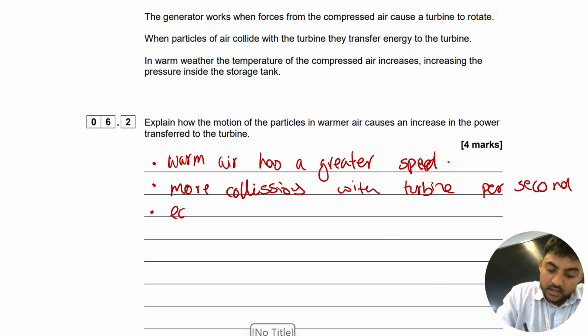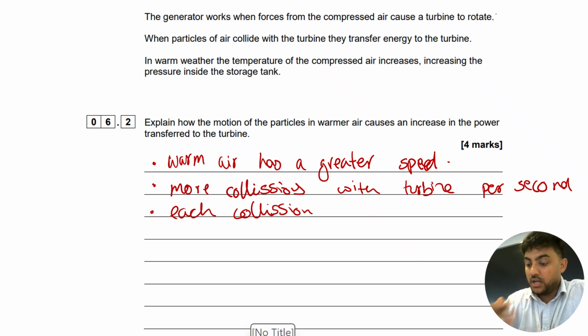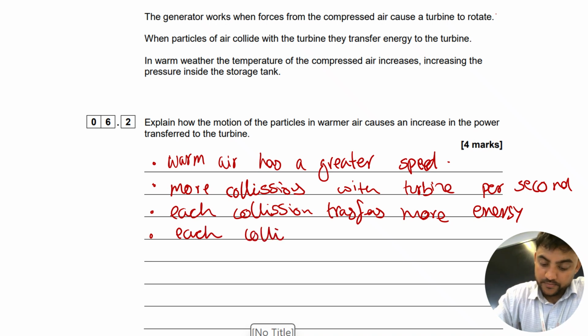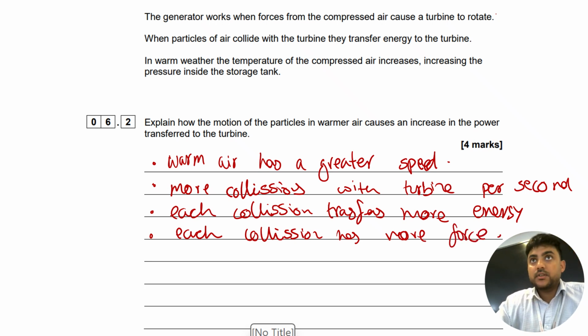And each collision has more energy, so each collision transfers more energy, because each collision has more force. Because it transfers more energy per second, we say it's got more power.